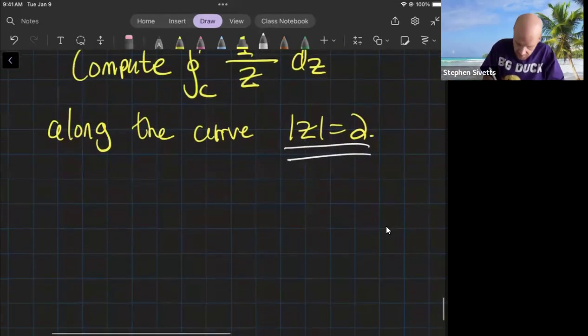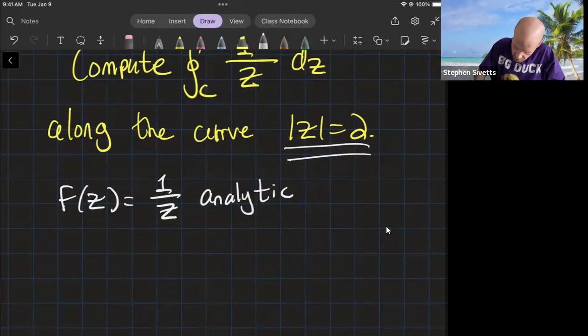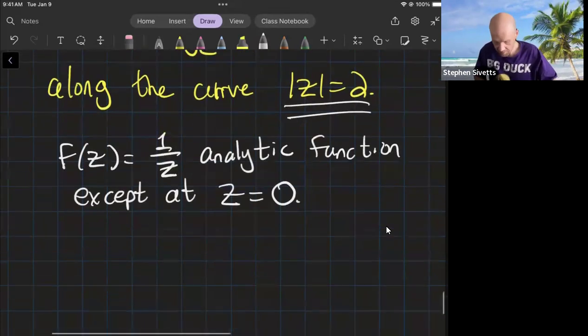Now, if you notice, f of z equals 1 over z, this is an analytic function except at z equals 0.